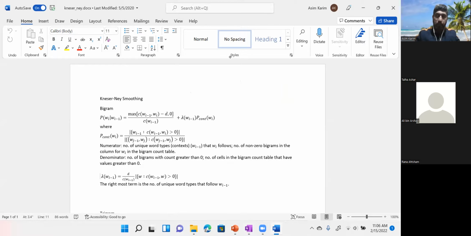So lambda is basically d over C(w_{i-1}) times the count of the bigrams.